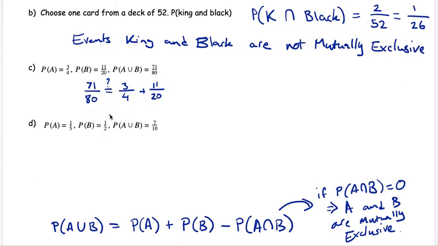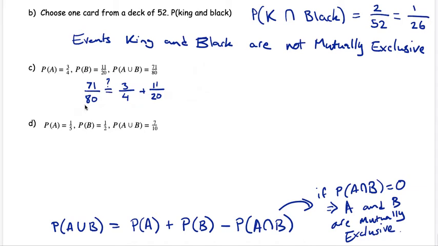Now, just recognize that if these are not equal, that means we have to be subtracting an intersection here. We can actually find the intersection if we want, but it's not necessary right here. We just want to know whether it's mutually exclusive or not. But if 3/4 plus 11/20 equals 71/80, then these 2 events are mutually exclusive, because there's no intersection. If, however, they're not equal, then we know that they're not mutually exclusive and that there must be an intersection that we need to solve.